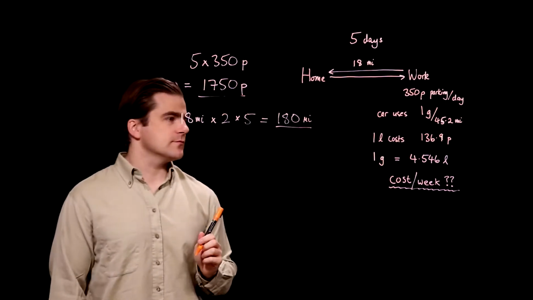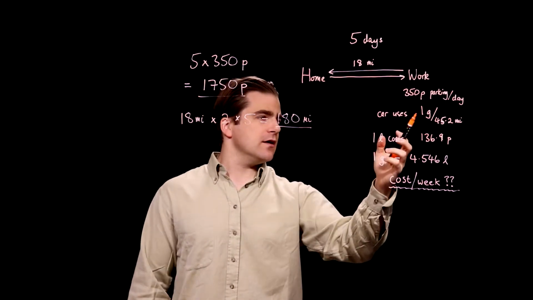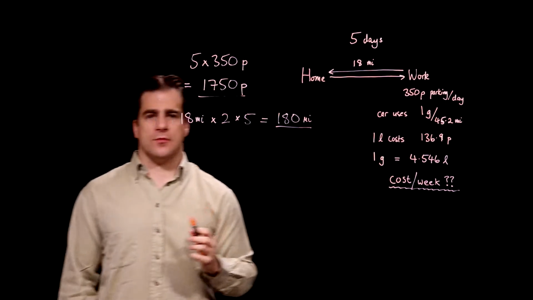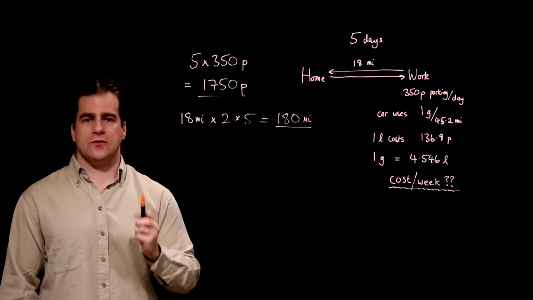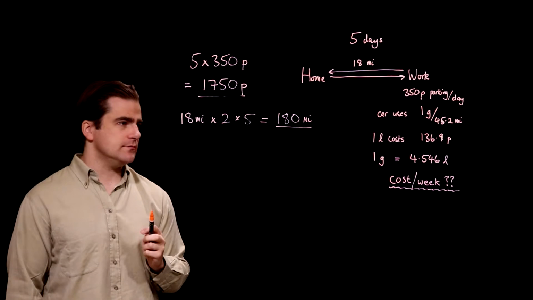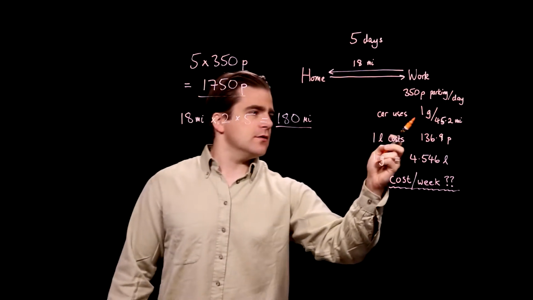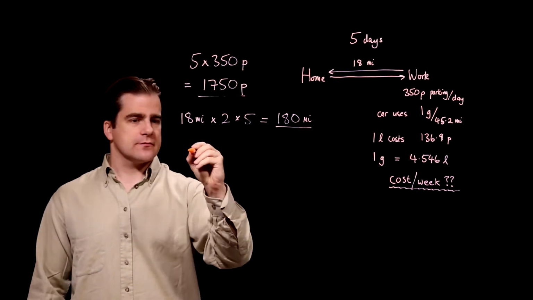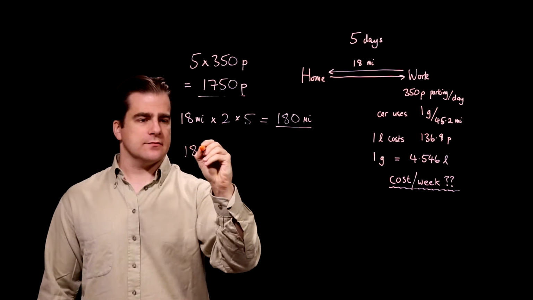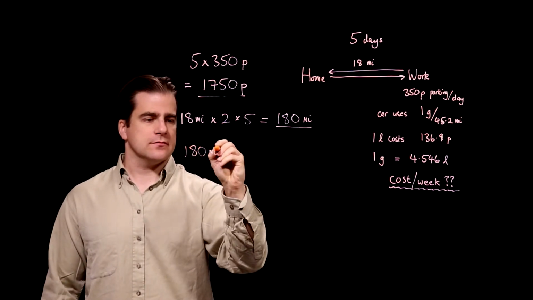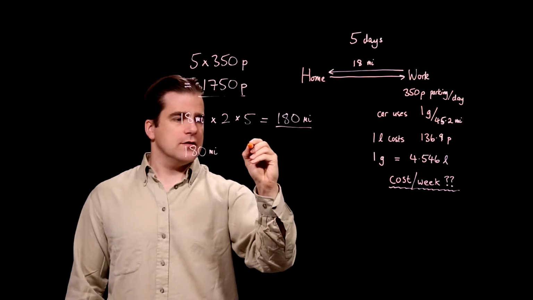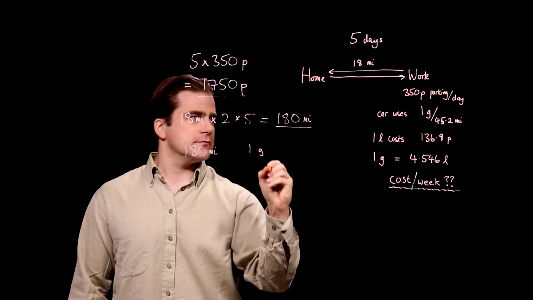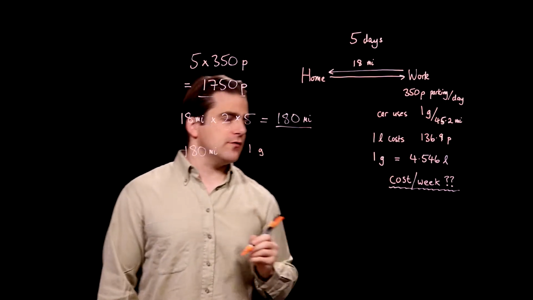Right, 180 miles, and his car uses 1 gallon every 45.2 miles. Now I'm going to show you a neat little trick here using units. We have 180 miles, and his car uses 1 gallon every 45.2 miles.